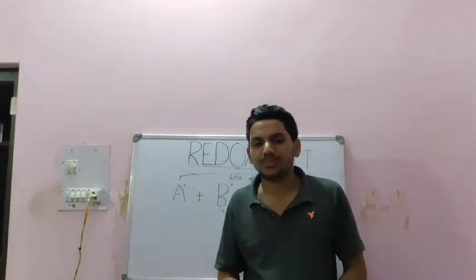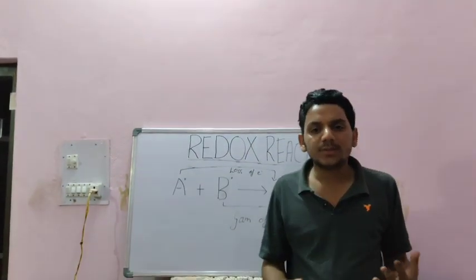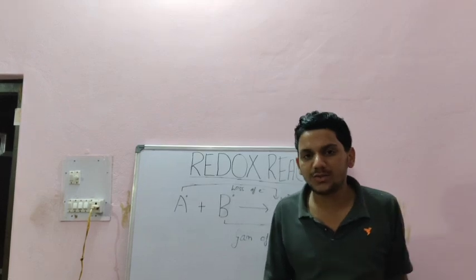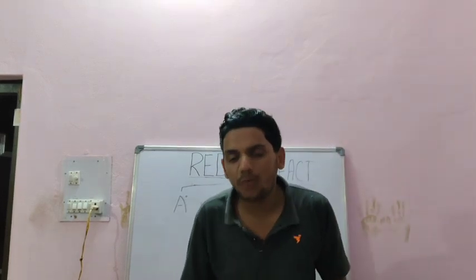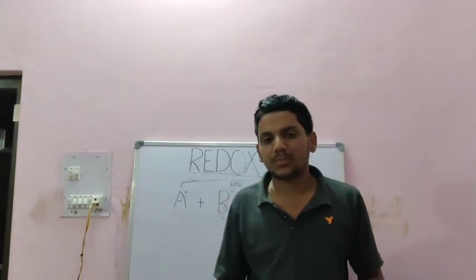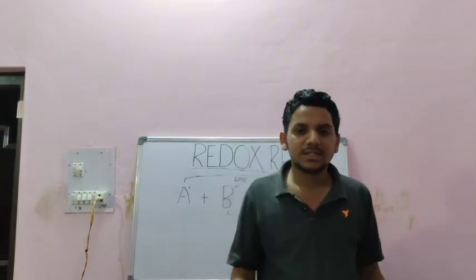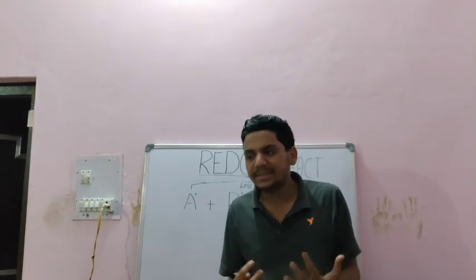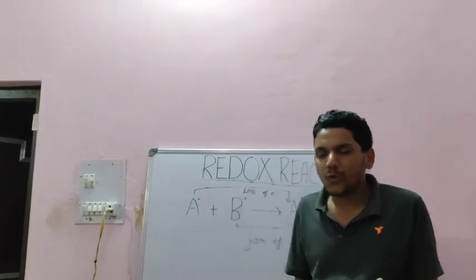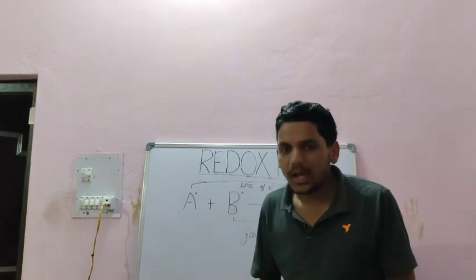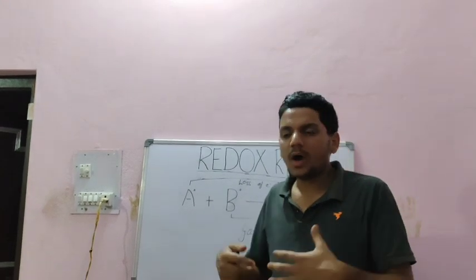What is oxidation? In simple terms, oxidation means addition of oxygen or removal of hydrogen. So in the basic sense, oxidation means addition of oxygen to a compound or a molecule, and removal of hydrogen.